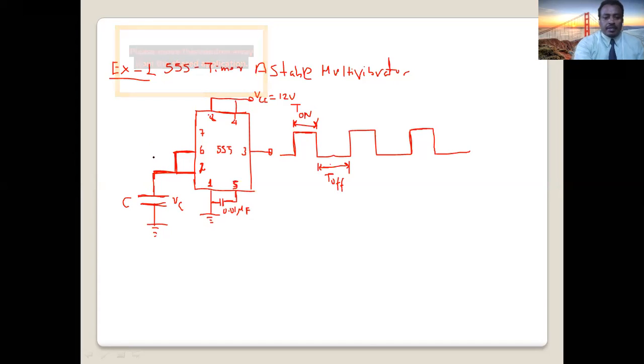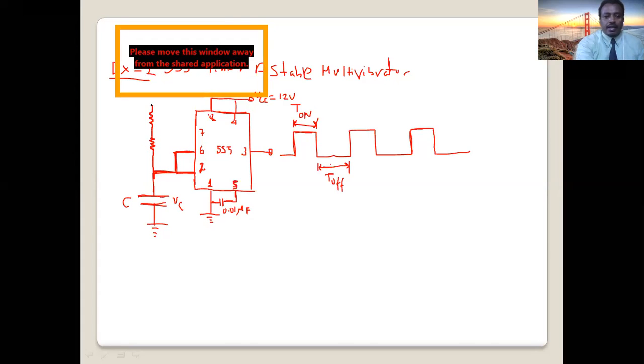Then this capacitor is charged through two resistors. One resistor, let's call RA, and this resistor RB, and connected to our battery here. So this resistor is RA and this resistor is RB.